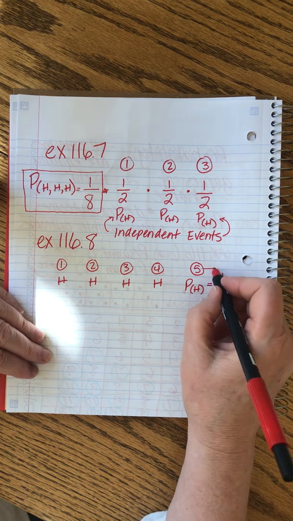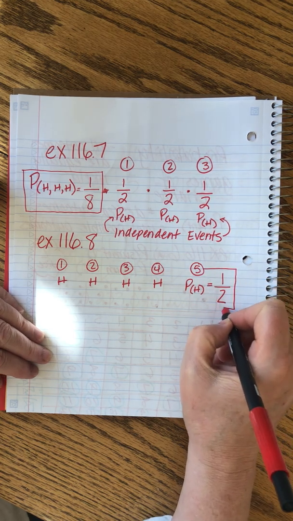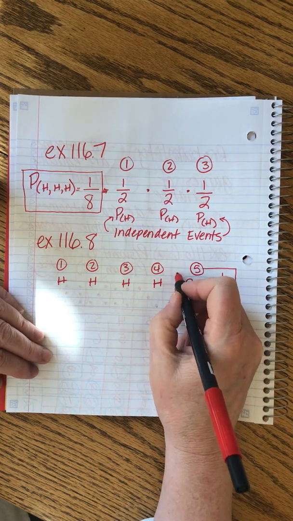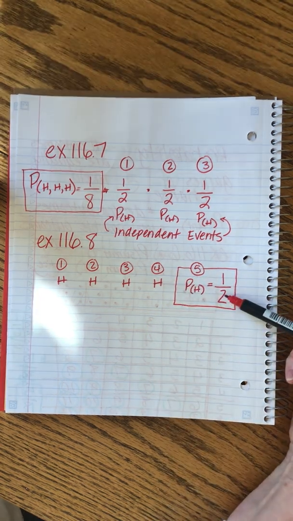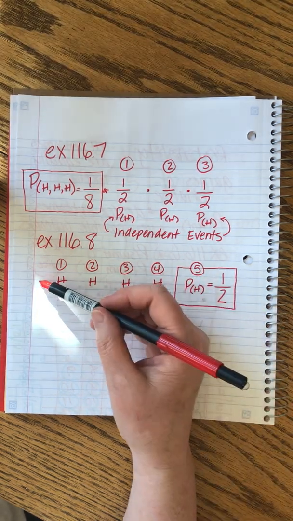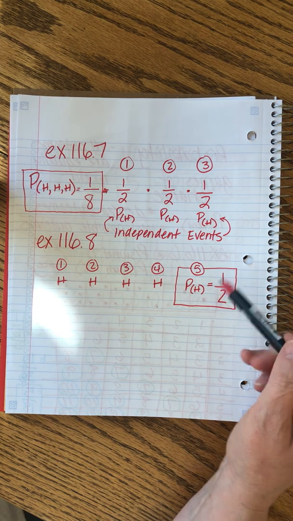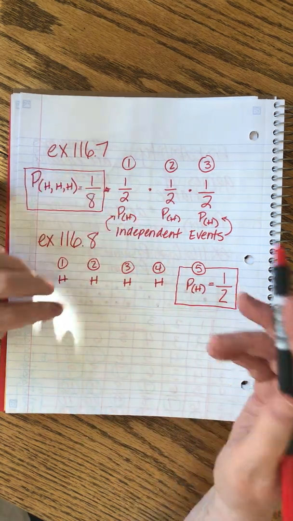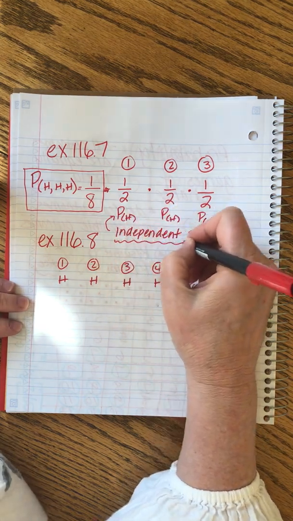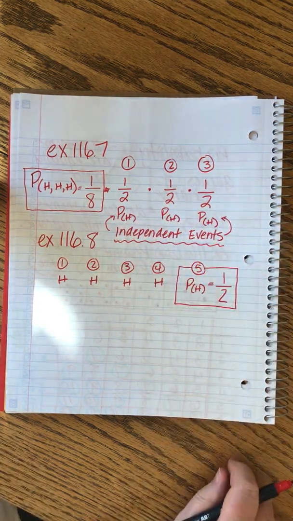Okay? So that is the very important moral of the story. In a true and proper game of chance, the odds don't change based on what's happened in the past. The odds of each event are completely independent of all the other events.